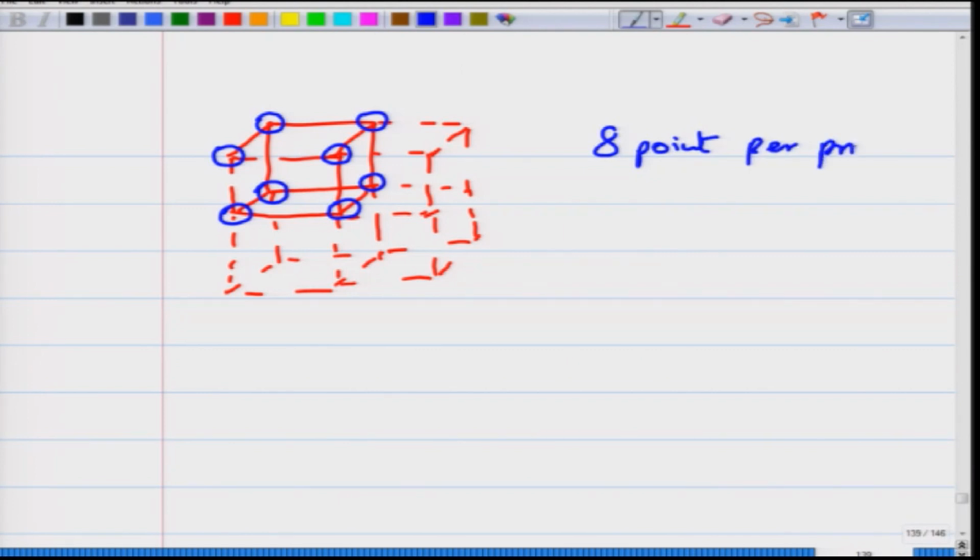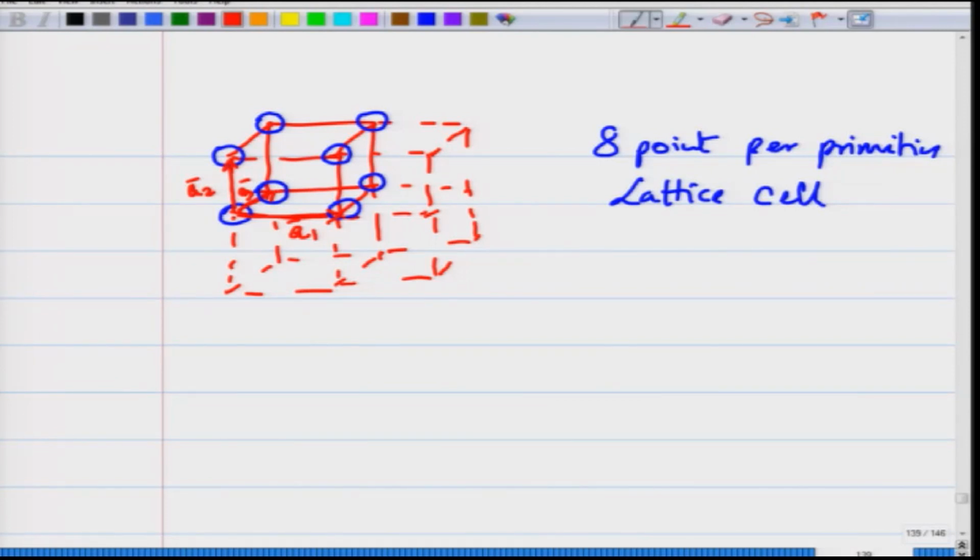per primitive lattice cell. In this case, my primitive lattice cell now is A1, A2, A3, this A1, A2 and A3. A1 is this, A2 is the vertical and A3 is going along the other corner of the cube.